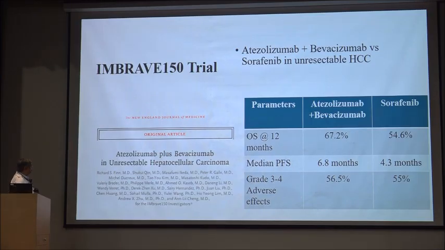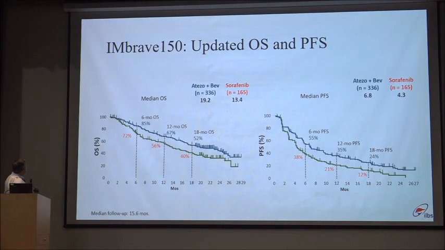Median PFS was 6.8 months; with sorafenib it was 4.3 months, and grade 3 to 4 adverse effects were 56.5% and 55%.